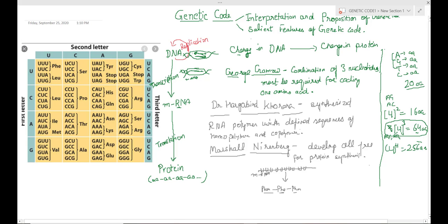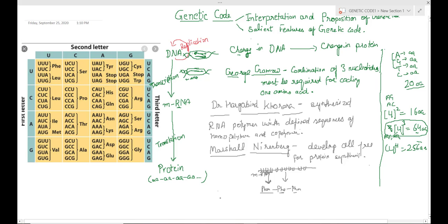From this he proved that a triplet of nucleotides, or codon, codes for a single amino acid. Actually, he cracked the code, and this was a quite important discovery.